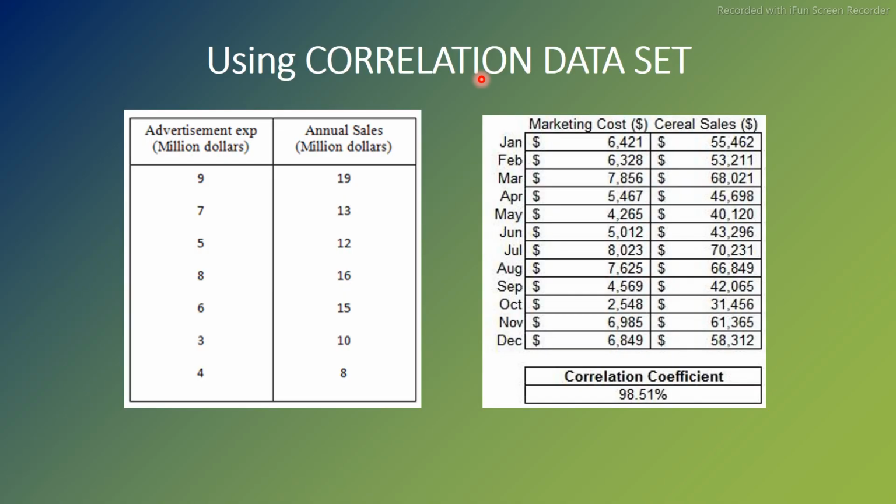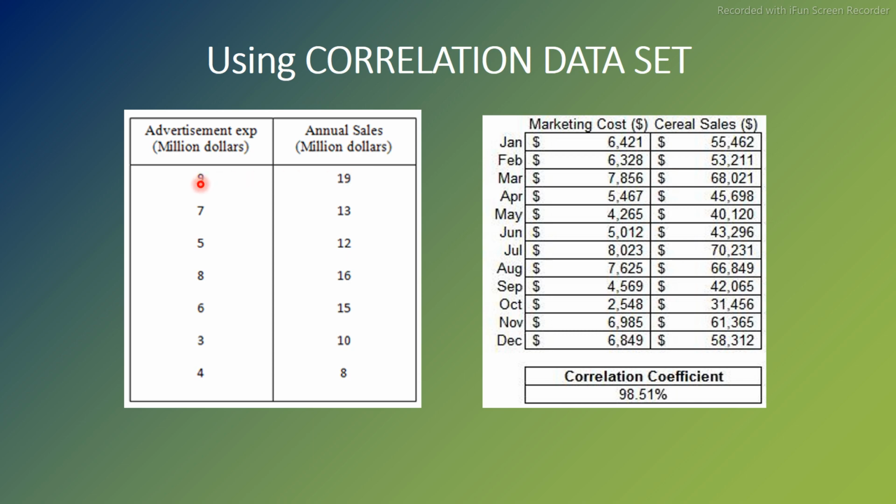Now let's say I have given you this chart, this data. The advertisement expense, let's say these are in million dollars, let's say 9 million you have spent on advertisement, and the sales which you had was 19 million, let's say.